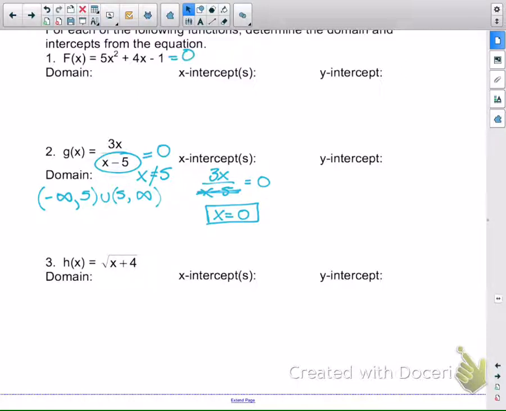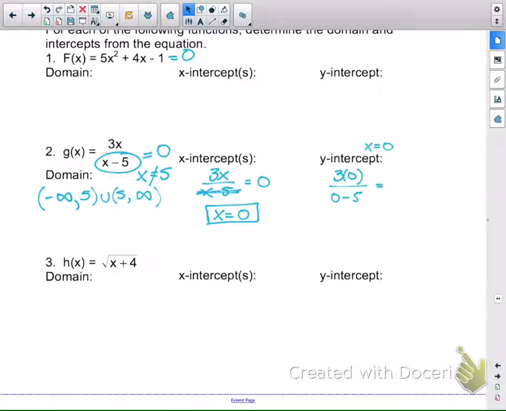What do we say was our rule of thumb for y-intercepts? What has to equal 0? X. So if x has to equal 0, and I don't know how to find the y-intercept on this, what can I do with x equals 0? Just plug it in, right? If I plug it into that equation, that's going to be 3 times 0 over 0 minus 5.